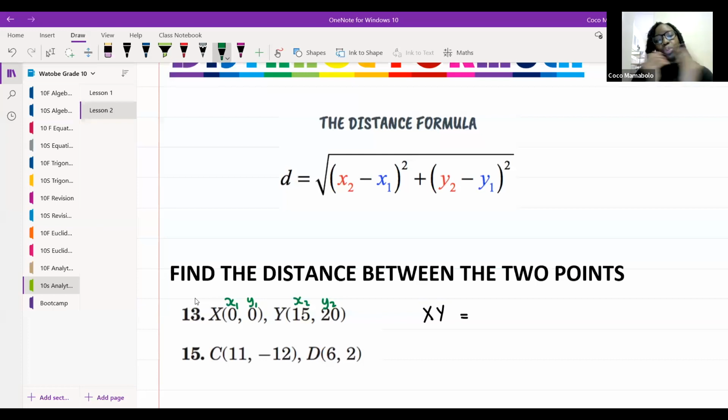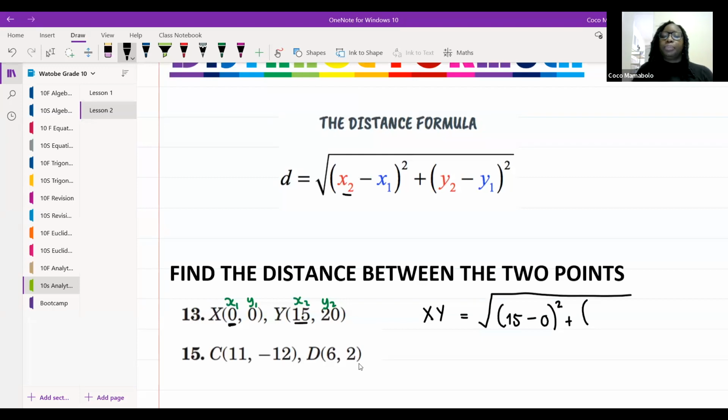Okay, for the rest of you who don't know where we're going, I want you to follow along with me. So I'm going to go the square root of, open brackets. Now this says x2, and I've named 15 my x2, so I'm going to go 15 minus my x1 value, which is 0, close brackets, squared, plus, open brackets, y2, which is 20, minus y1, which is 0, close brackets, all squared.